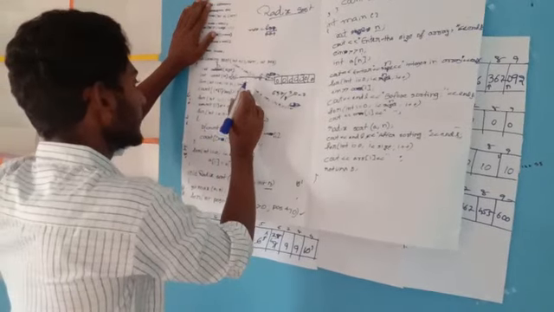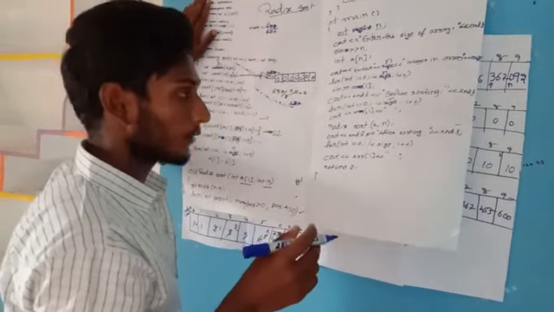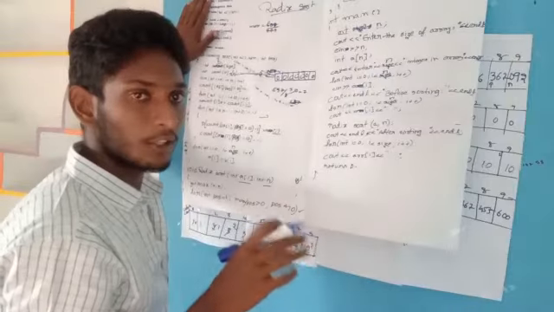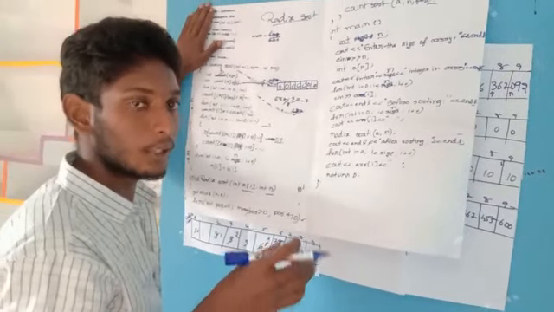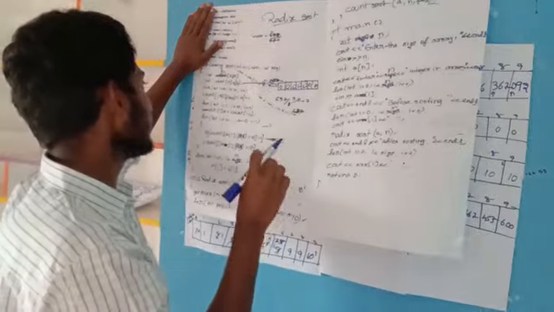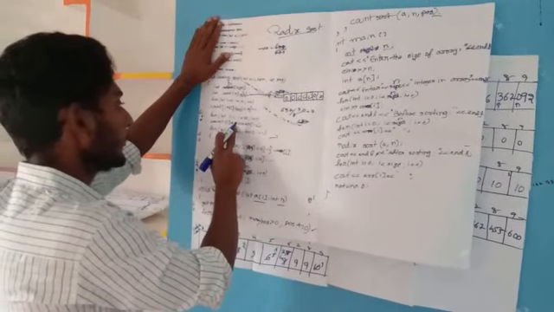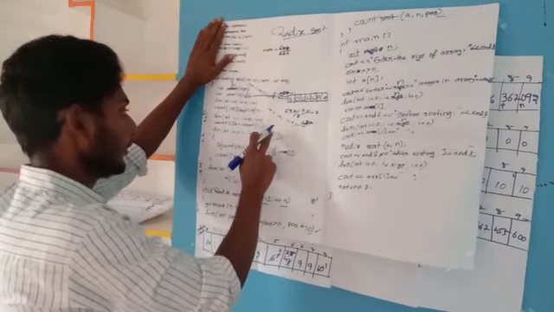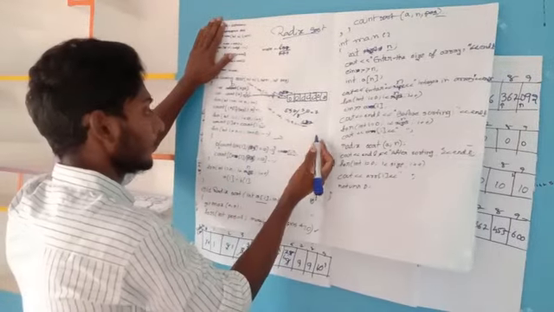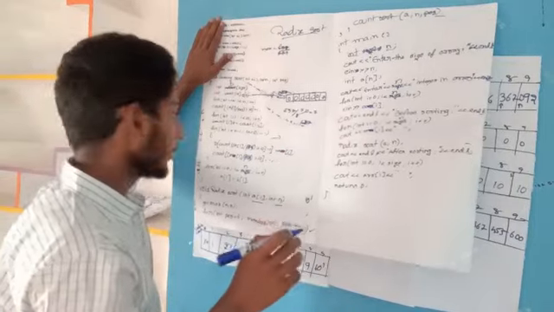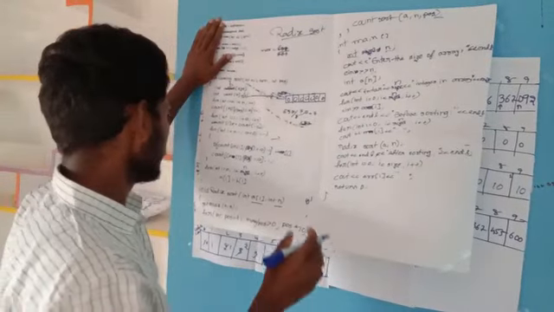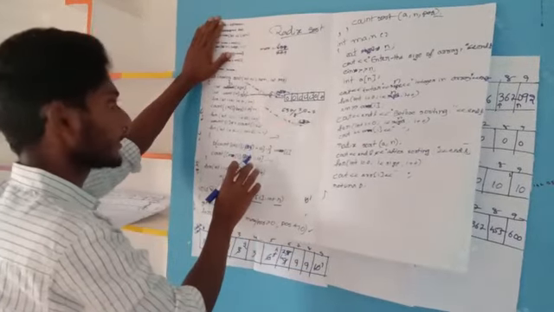Why this is used: the value which is at the ones place or tens place or hundreds place, we have to take that value. We use this condition. Counting i plus equal to counting i minus 1. Why? Because we have to update the counting sort elements. Likewise, we use this condition.